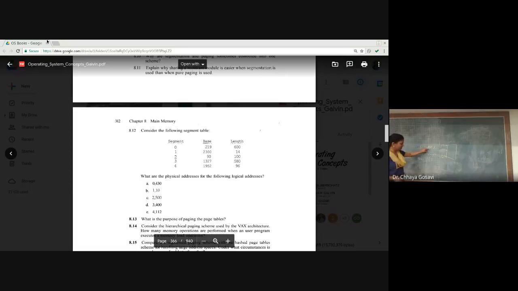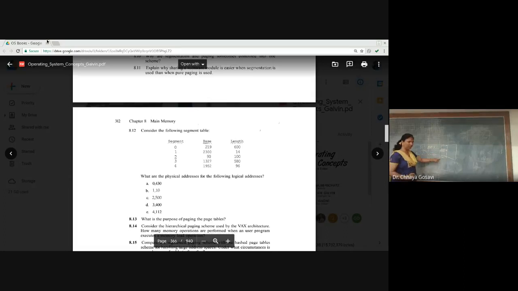Logical address is the address in a segment, logical memory or user space. And this is the physical address. Suppose this is my 0 to 50, these 50 bytes. Out of that I am referring to the 20th byte. So this can be translated here as 120, base plus 20. So 120 is my physical address.